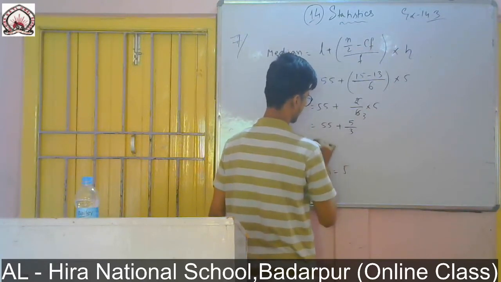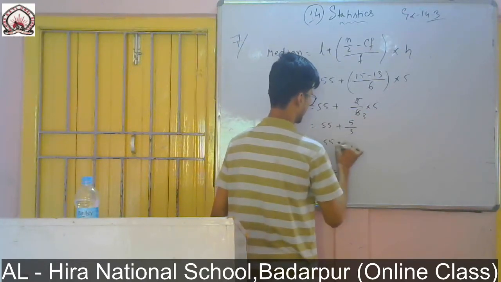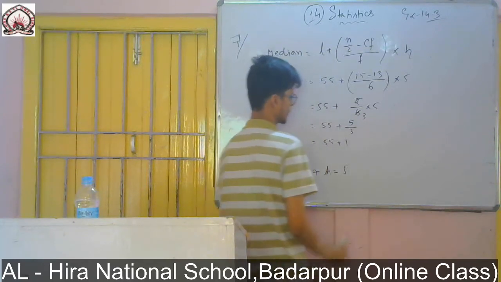Sorry, yes. So 55 plus 5 divided by 3, 3 ones are 3, then 2 left.